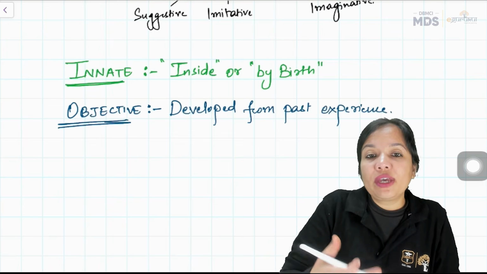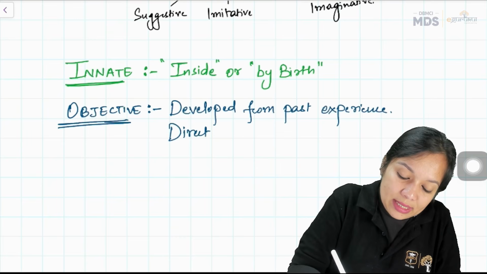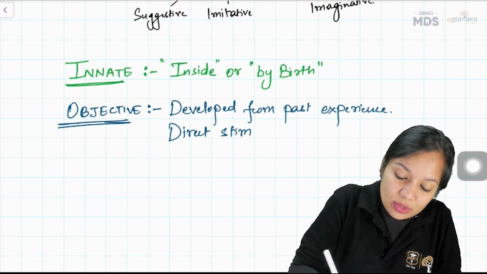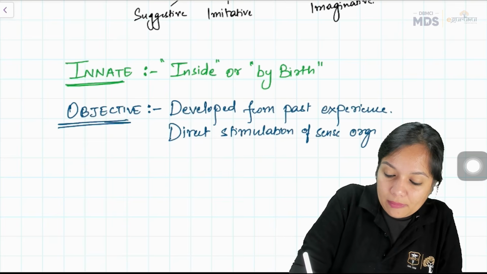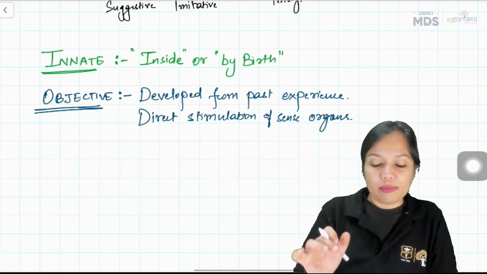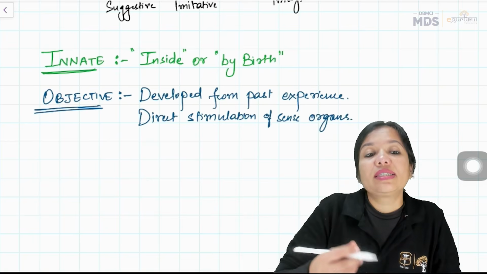Okay, so when somebody comes in direct stimulation, or when somebody has direct stimulation of sense organs. The next is subjective fear.